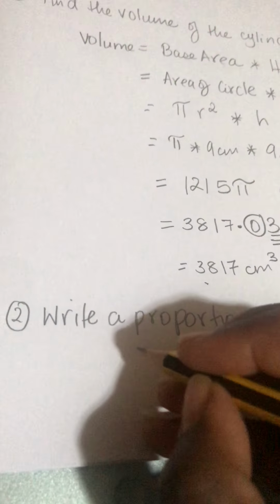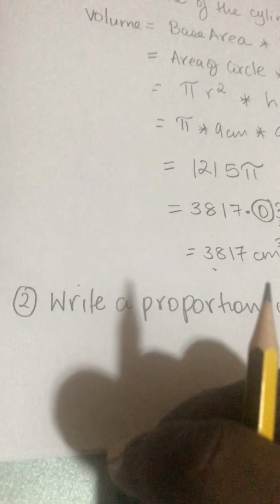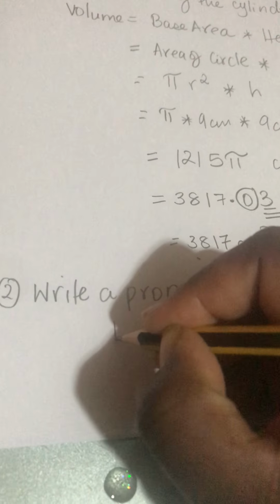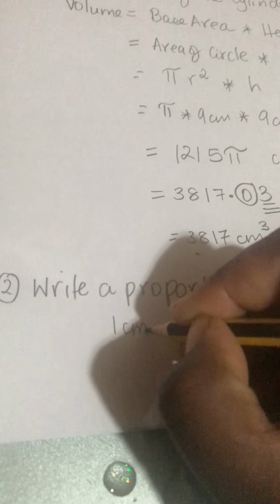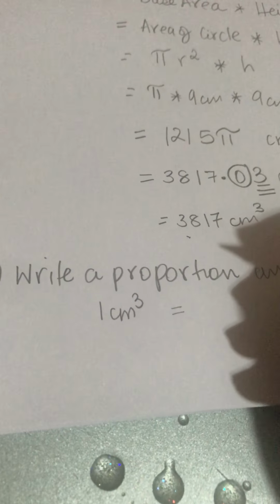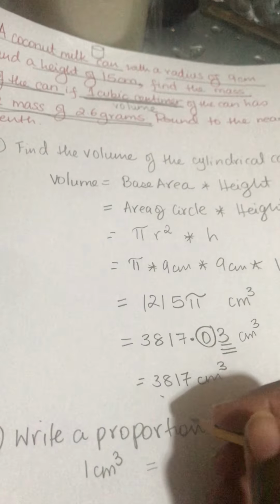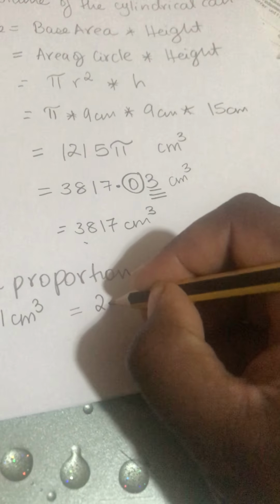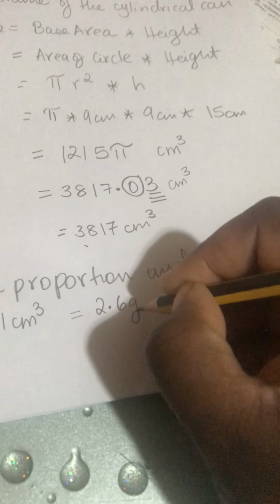So then we write, we know that my unit rate, so 1 centimeter cubed is equal to 2.6 grams. Okay?